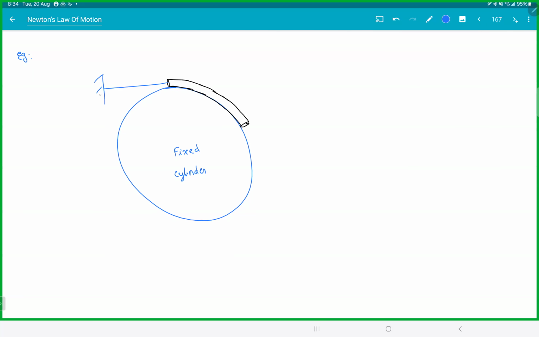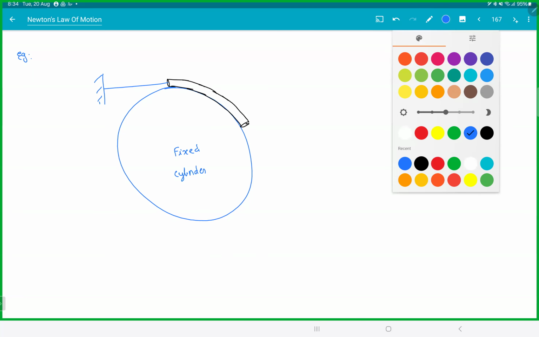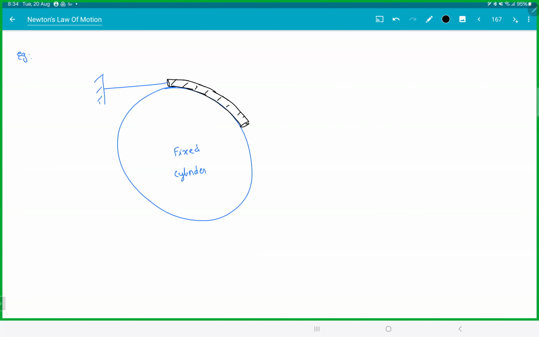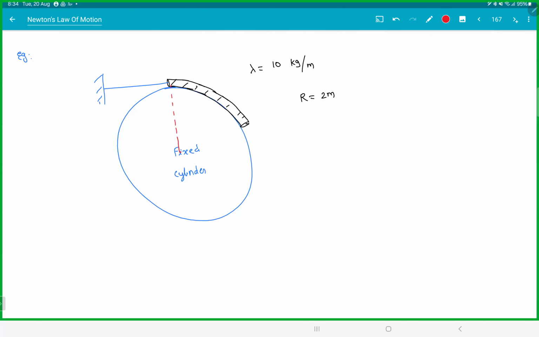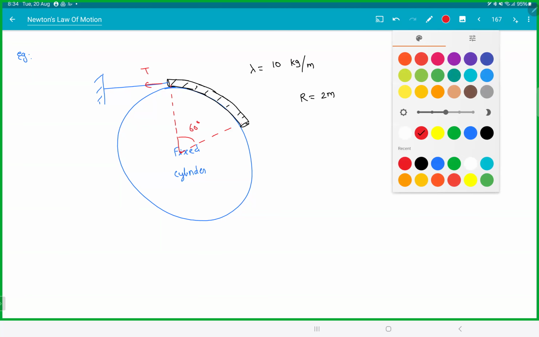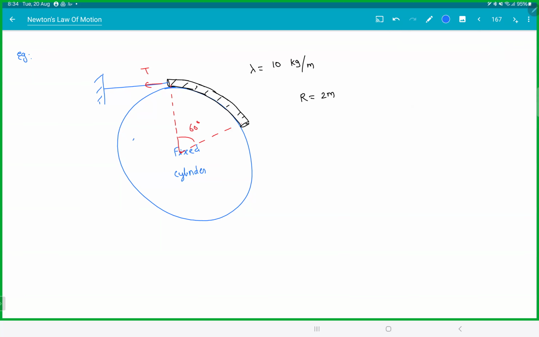This rope is fixed to the wall. Let's say lambda is 10 kg per meter. The radius of the cylinder is 2 meters. This angle is 60 degrees. Find the tension. This is a smooth fixed cylinder.